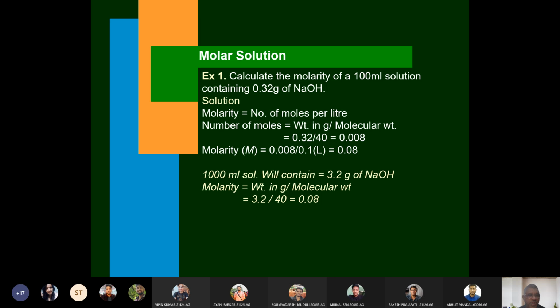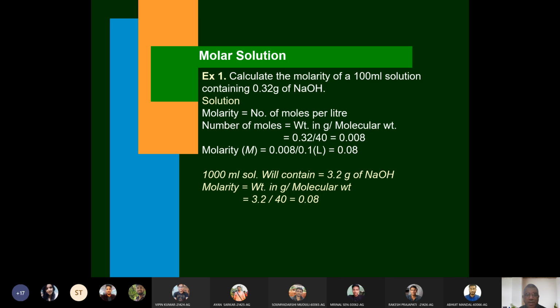So here the weight in gram is 0.32, and the molecular weight is 40 for sodium hydroxide. And you get 0.008. It is for 100 ml. Then for a liter, it can be 0.08. So molarity is 0.08.